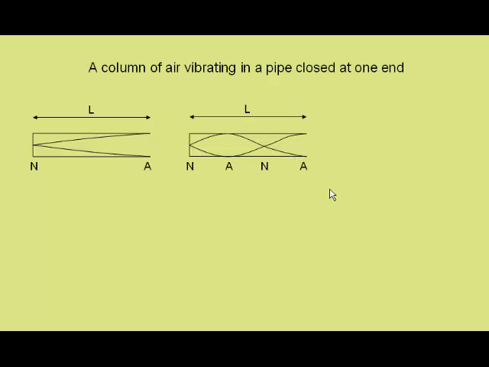The third, more complex situation would have a node at the closed end, an antinode at the open end, but now two sets of nodes and antinodes along the length of the pipe, represented by this displacement line. Zero displacement here, maximum displacement left and right here, and so on.